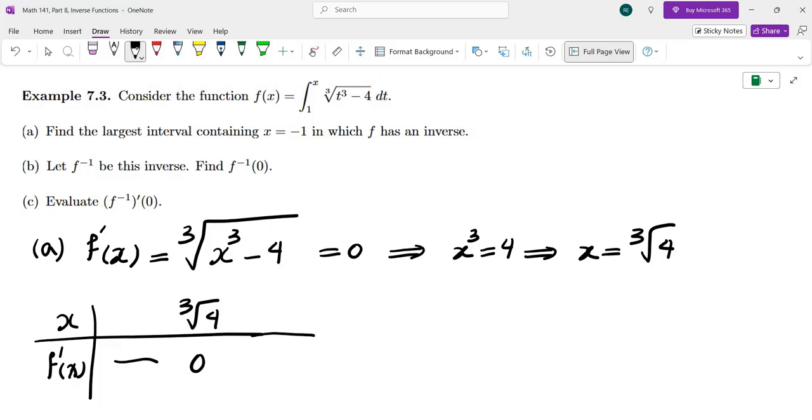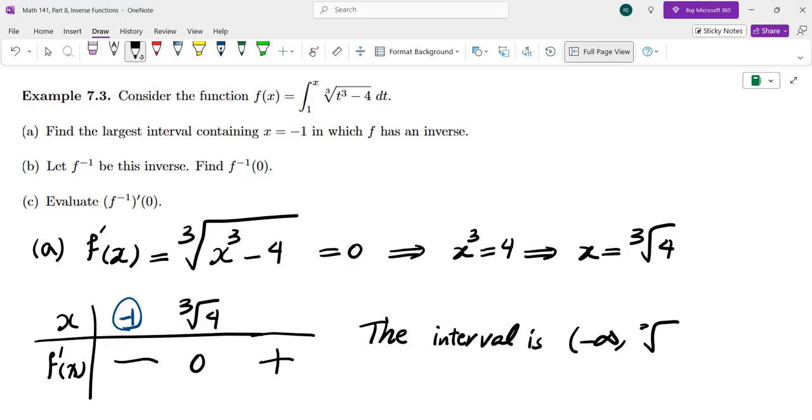And if x is, let's say, 10, it would be positive. So we have to figure out where the number -1 is. -1 is on this side. So the interval is -infinity to cube root of 4. So that's the first part of the problem.